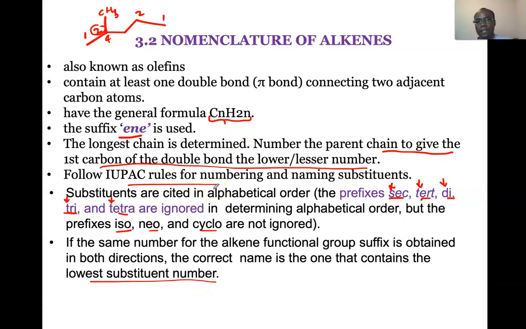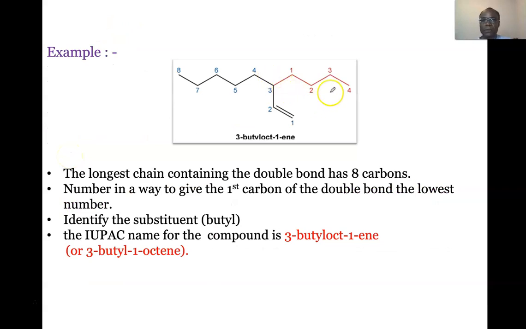Remember again, our priority is to give the double bond the least number possible. So for this molecule, this is the longest chain, and I really have to start here. I repeat, this is the longest chain containing the double bond.